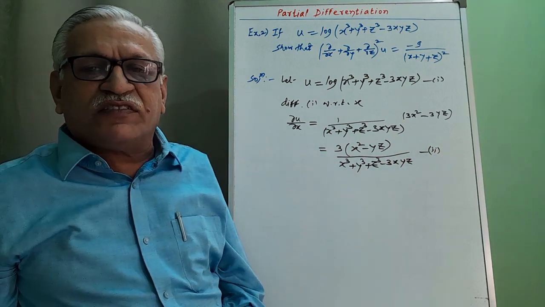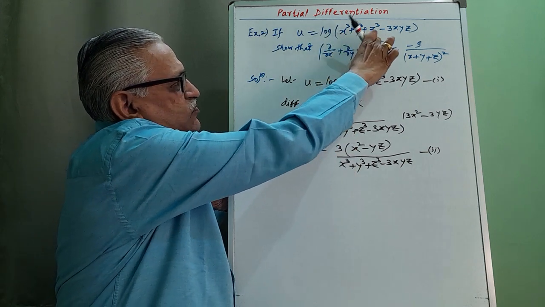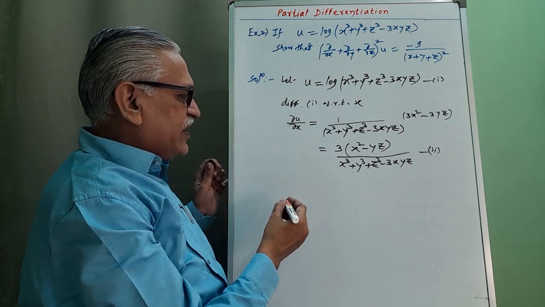As the terms are in similar form, meaning cube of x, cube of y, cube of z and 3xyz, we can write similarly.